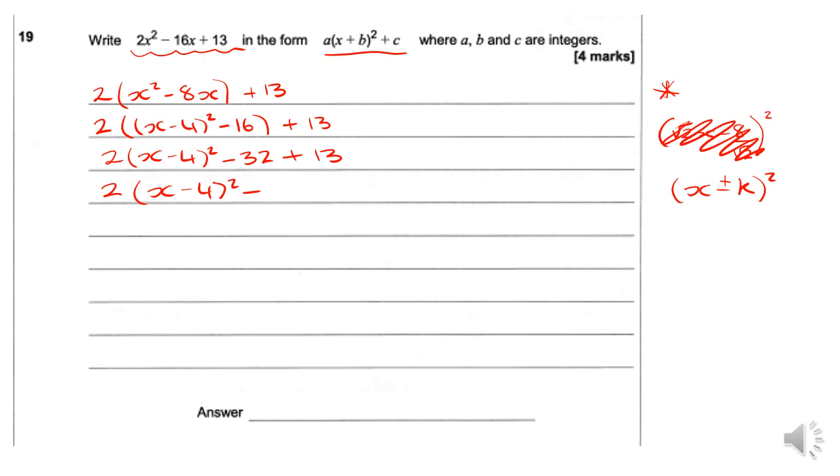Negative 32, add 13, is negative 19. And that's it. So your answer would be two lots of x minus 4 all squared, take 19.